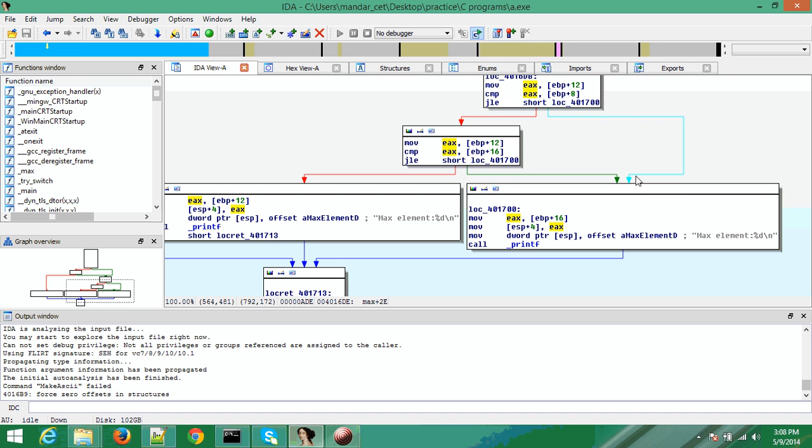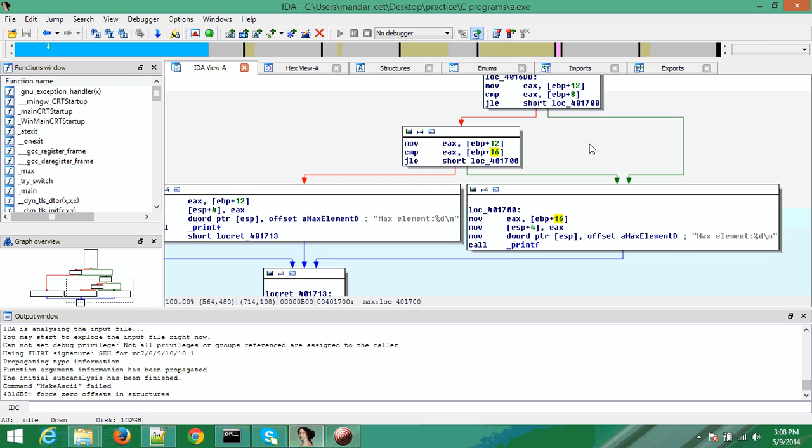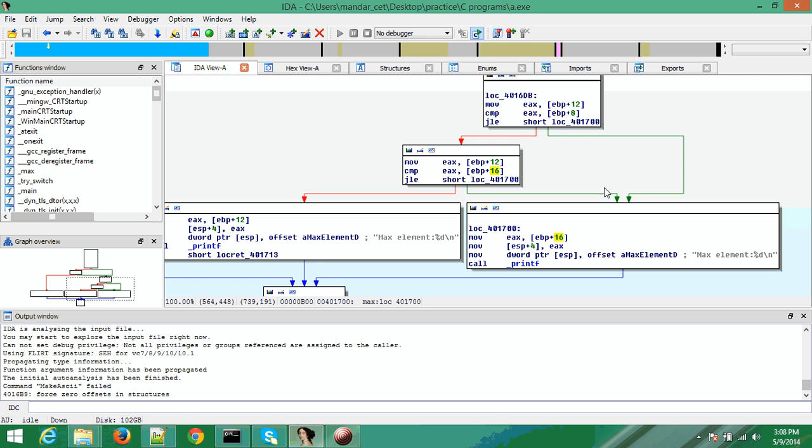It's basically saying that c is the element, because you can see that it's moving EBP plus 16 into EAX and substituting that into ESP plus 4, and then pushing this specific value over here. We can see it's pushing printf.